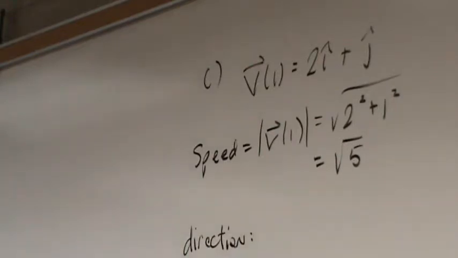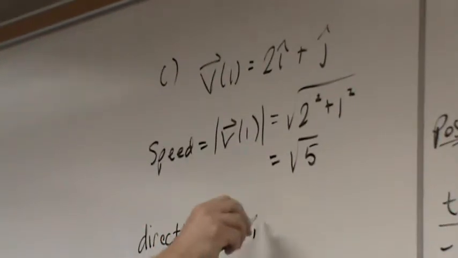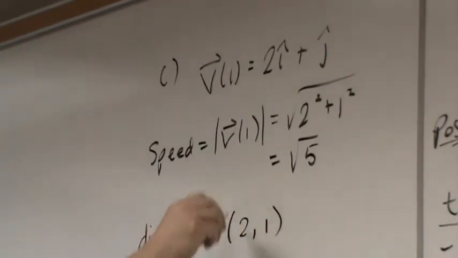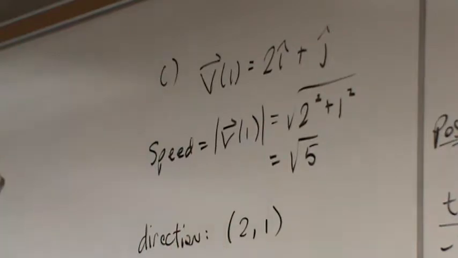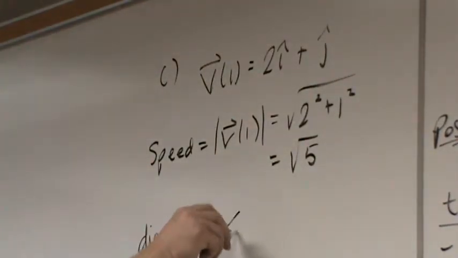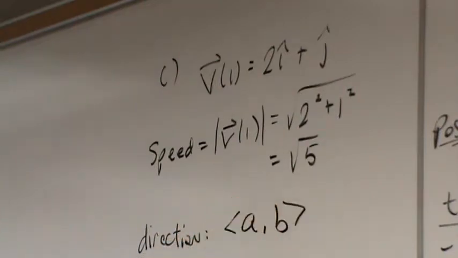Let me remind you what we learned yesterday. If you have a vector that's 2, 1, or generally a vector a, b, then the direction is going to be, or rather the slope... What do they want? I'm so sorry. No, direction of motion. Oh, I don't even have to do it.